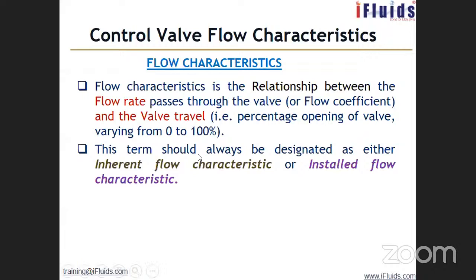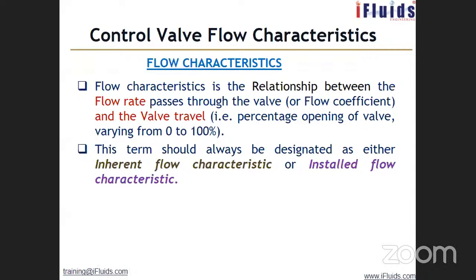The term should always be designated as either inherent flow characteristics or installed flow characteristics. Inherent is something inborn, and installed is when you install the valve in the system. Inherent is if you test the valve in the instrumentation lab without any attachments, let us say only incoming and outgoing pipes, and the valve is sitting there.